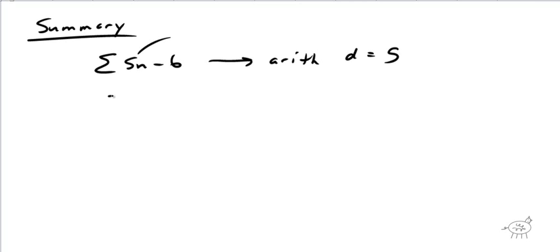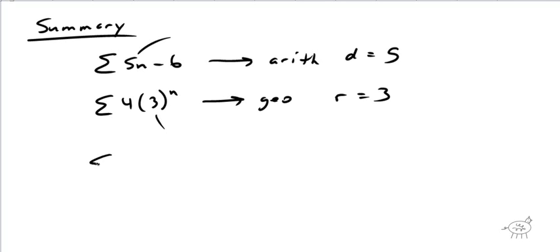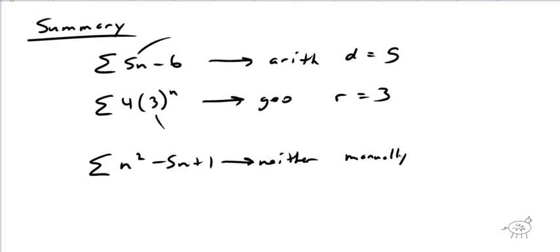Okay, anyway, that's arithmetic. If you see something like 4 times 3 to the n power, you should recognize that as geometric, and that R value is 3, because there's your 3 right there. And then if I see something like n squared minus 5n plus 1, that is actually neither, because you've got an n squared, you've got a 5, you've got a lot of different things in there. So if I asked you for this one, you would have to manually expand and then evaluate.